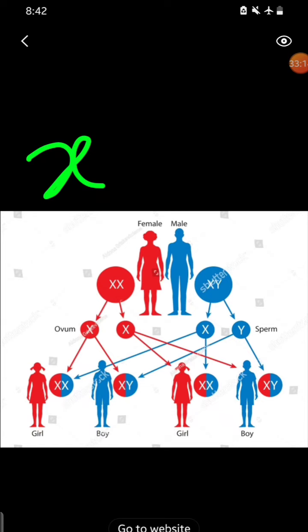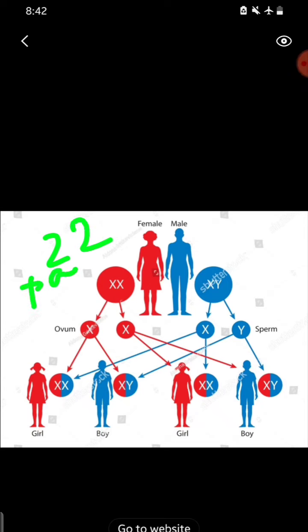Okay, so this XX is one pair, along with 22 pairs, that is another 44 chromosomes will be there. So here the 22 pairs are different, apart from that XX chromosomes, XY chromosomes are the sex chromosomes.